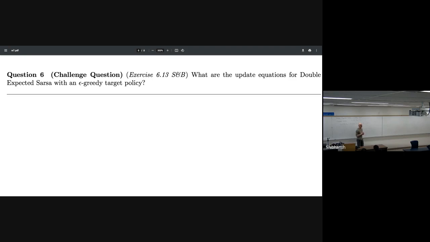Whereas in the bootstrapping part, it's expected SARSA. So we need a target. So the target is just going to be a distribution in this case. Let me define this. So a distribution over the actions.